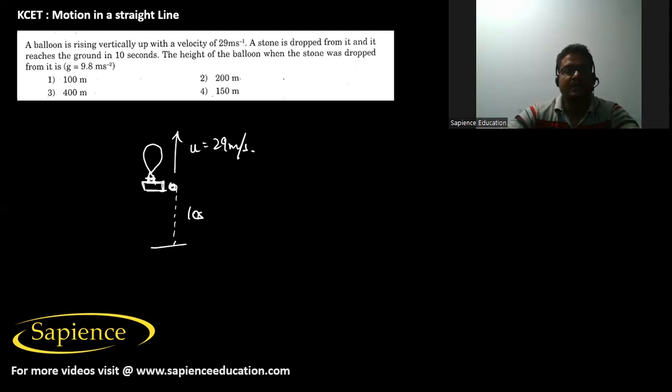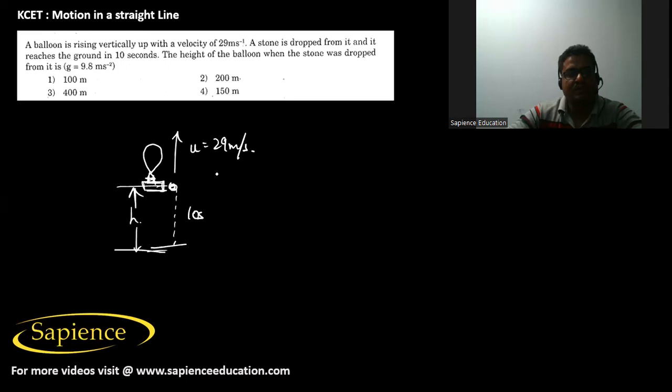The height of the balloon when the stone was dropped from it is... So when the stone was dropped, how much was the height of the balloon? It means the stone was dropped from how much height? That is being asked.